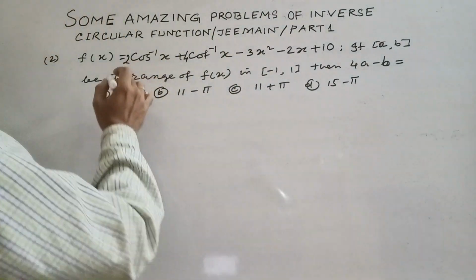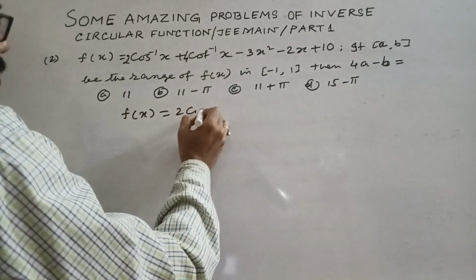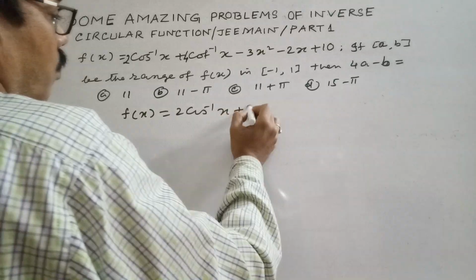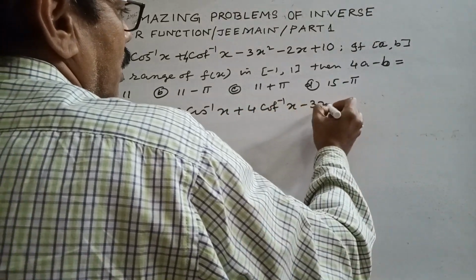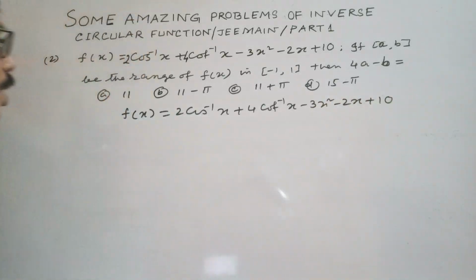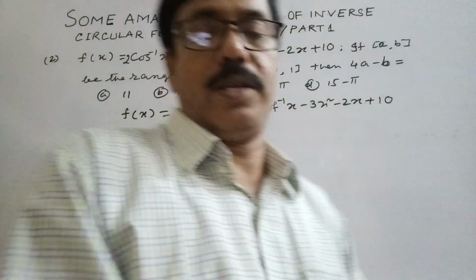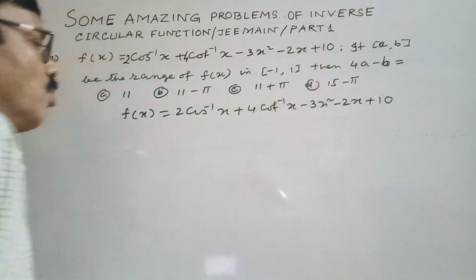So f(x) is this one: 2 cos inverse x, 4 cot inverse x minus 3x square minus 2x plus 10. Now you have to find the range of f(x) in [minus 1, plus 1].